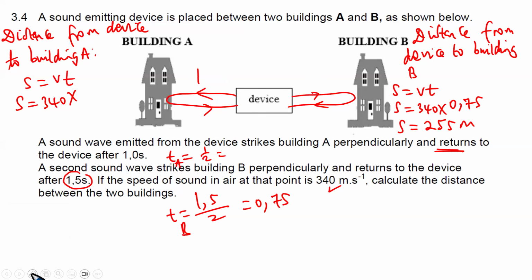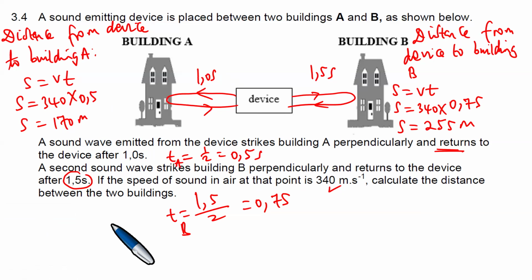Okay, so now if everything is actually in 1 second, and here it is 1,5 seconds, you divide by 2, which is 0,5 seconds. And therefore, this is actually 340, and you multiply it by 1/2, which is 170. 170 meters.